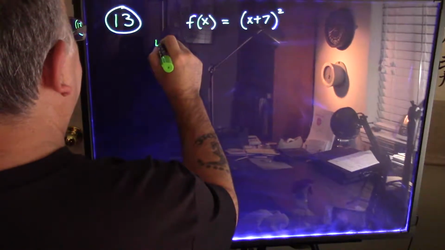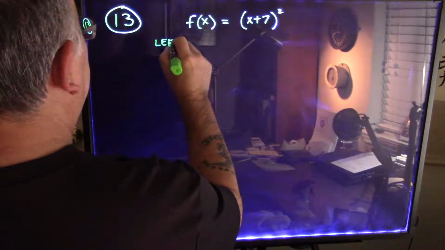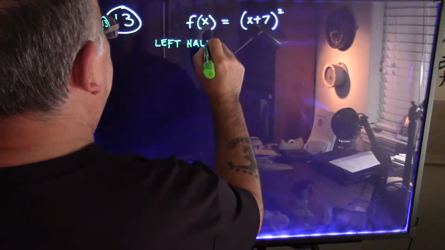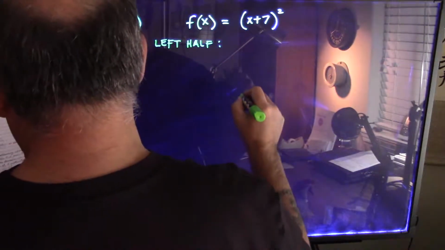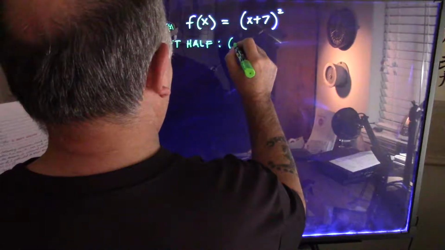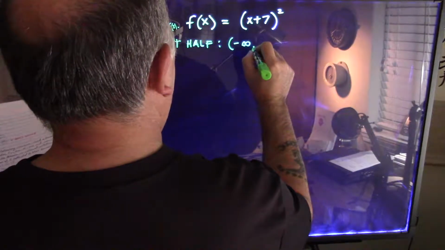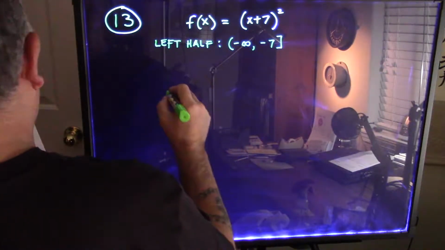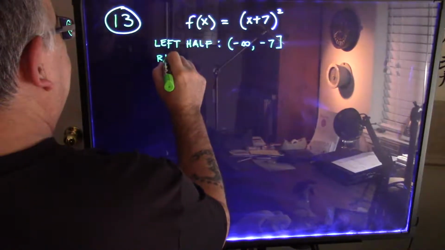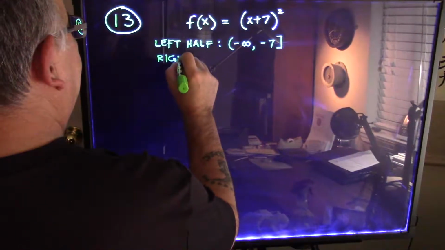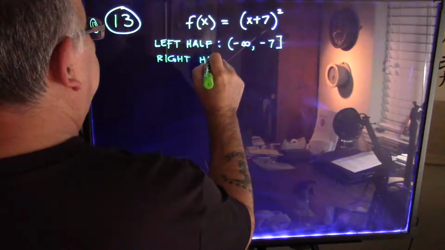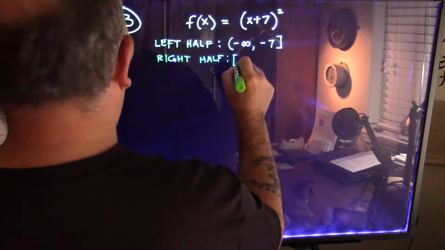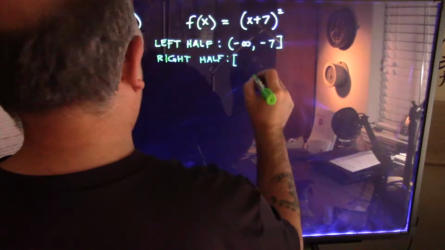Left half is on this domain from negative infinity to negative 7. The right half is another part we can restrict the domain to. That goes from negative 7 to positive infinity.